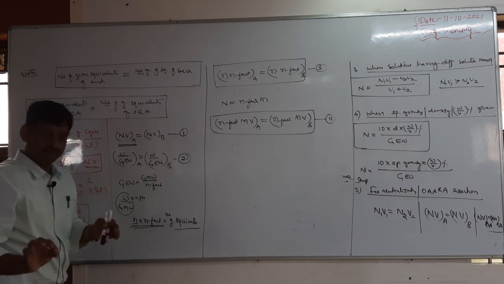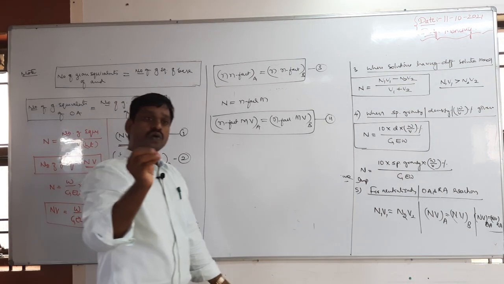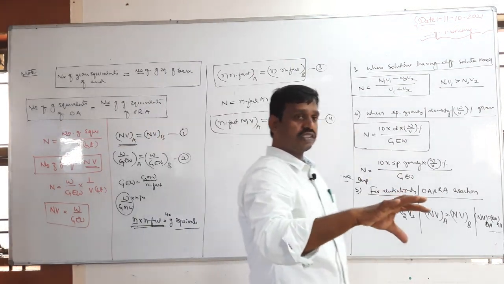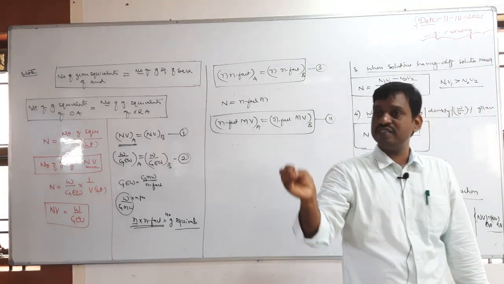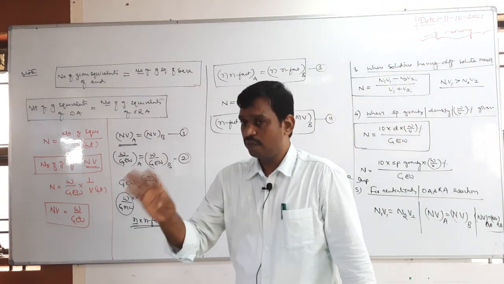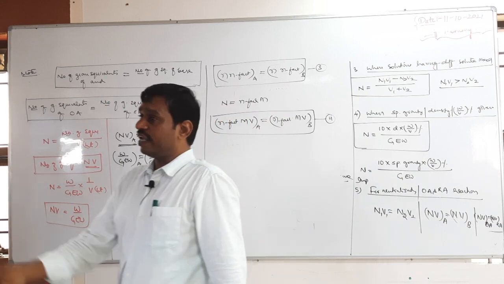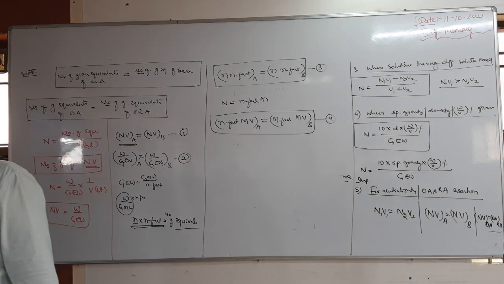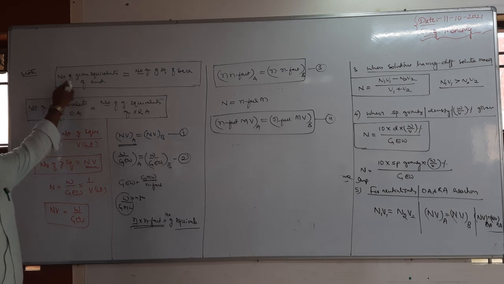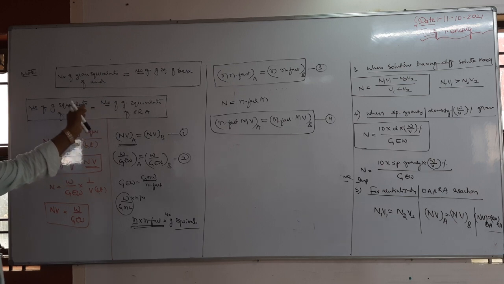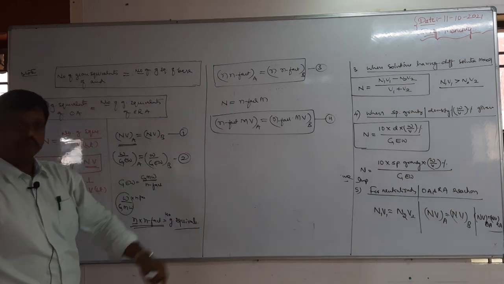Suppose the question is like this: hydrochloric acid reacts with sodium hydroxide, it forms sodium chloride plus water. HCl is an acid, sodium hydroxide is a base. When HCl reacts with sodium hydroxide, how much HCl reacts with how much sodium hydroxide? That can be explained by this. The number of gram equivalents of HCl is equal to the number of gram equivalents of sodium hydroxide.